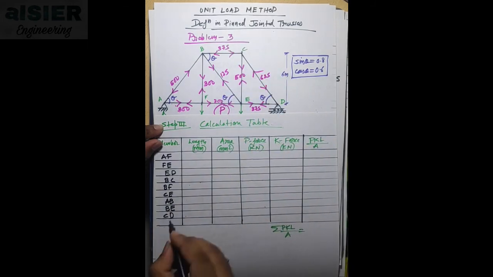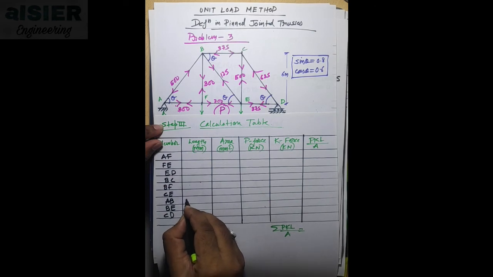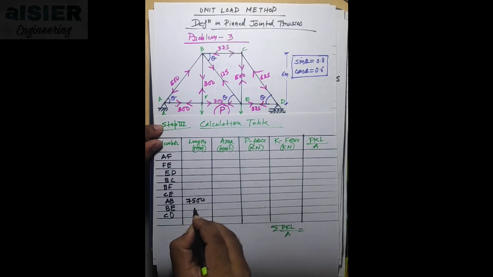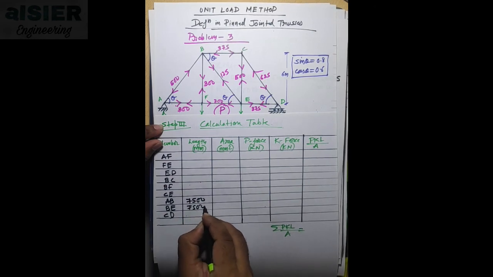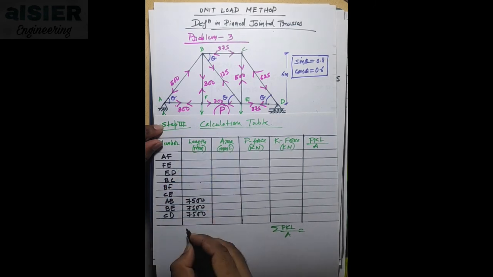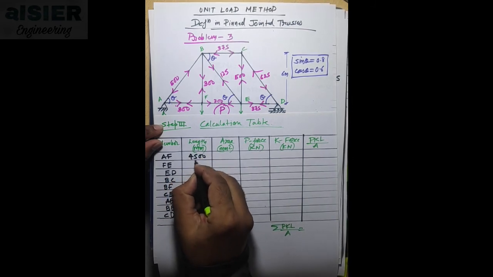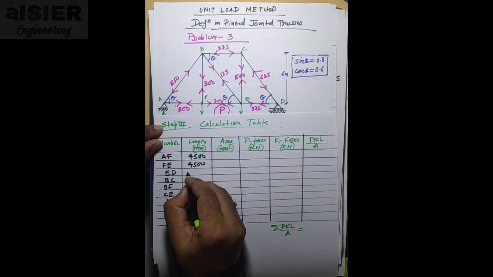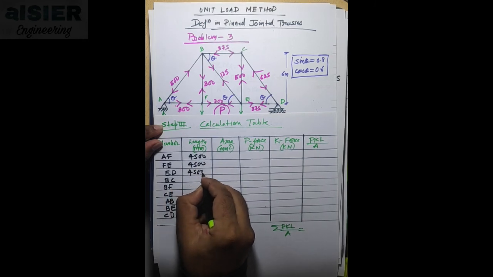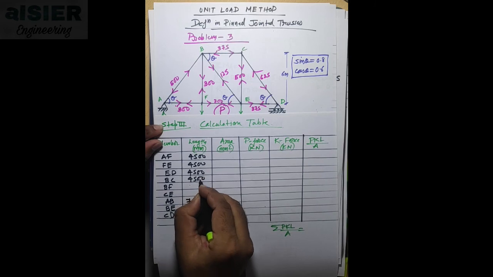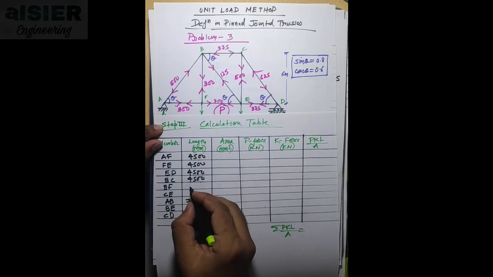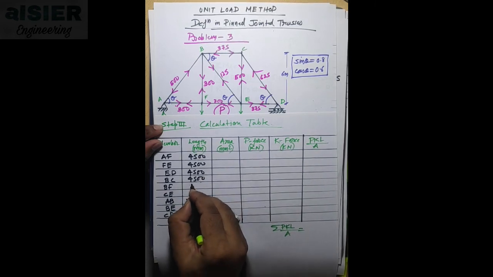Then we will write down length. The length of inclined member is 7500, we know this. For horizontal members it is 4500, and for vertical members it is 6000.